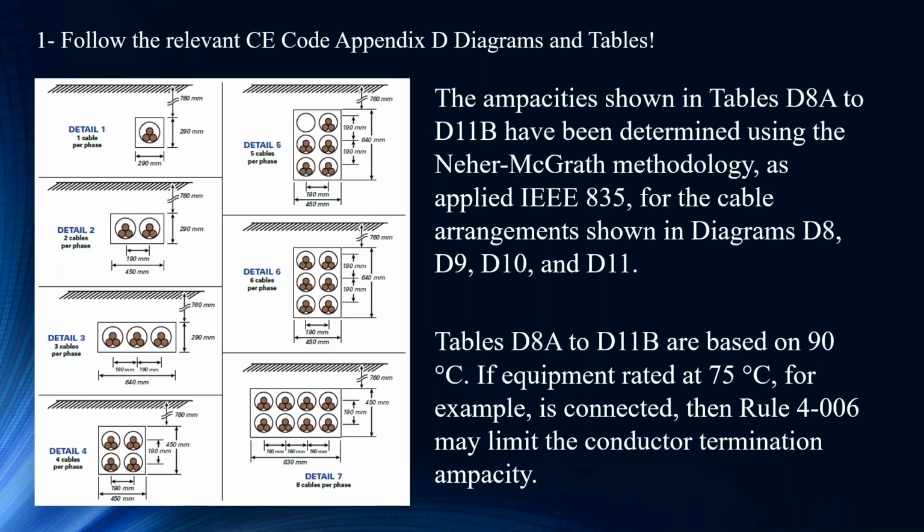It is important to understand that these tables were created with certain base assumptions. These assumptions, for example, include the ambient temperature of the earth being 20 degrees C, but many locations in North America, as you know, experience a maximum underground soil temperature of 25 C or even 30 degrees C, depending on the location.